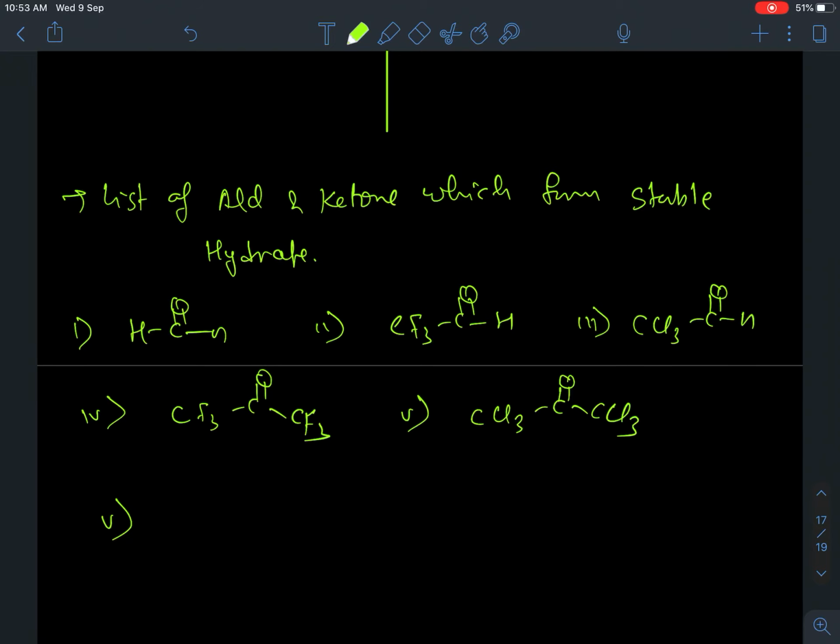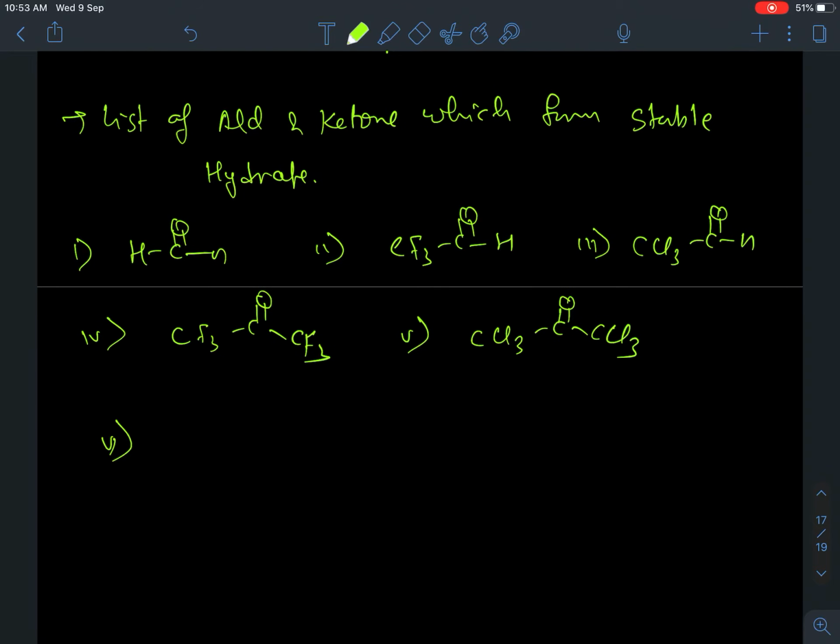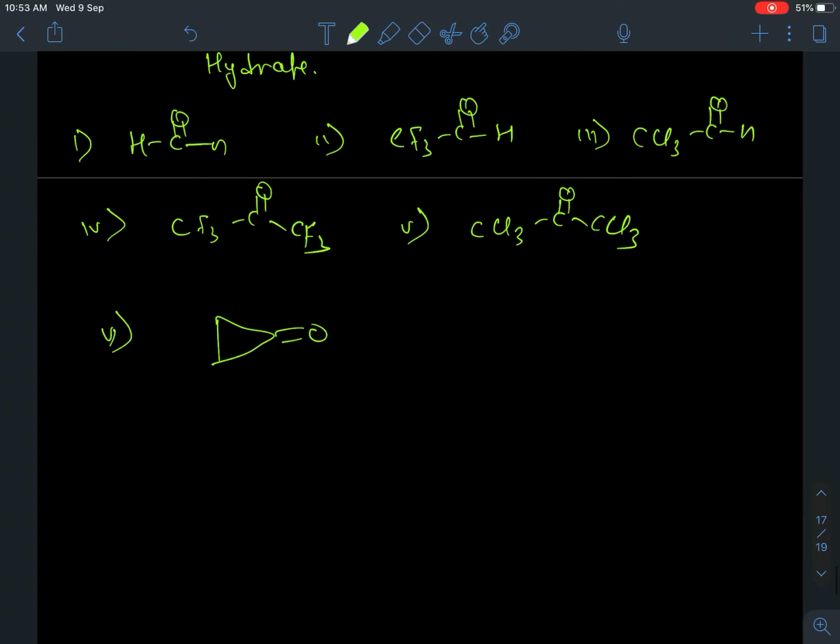What are the others? I told you about the strain factor, if you remember. Almost 100%. There is one very special molecule known as ninhydrin.